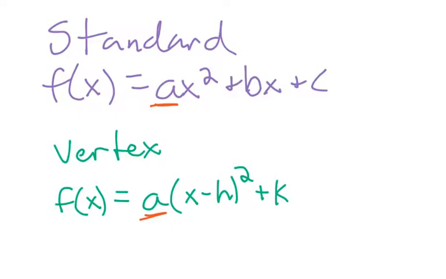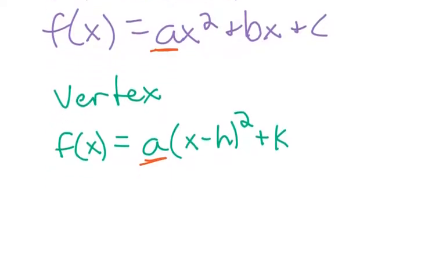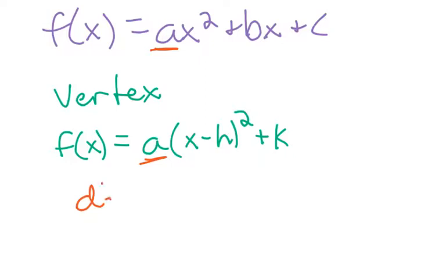Now a is an important letter with this because of two reasons. A is going to give you the direction it opens, and it's also going to tell you if it is wide or narrow.